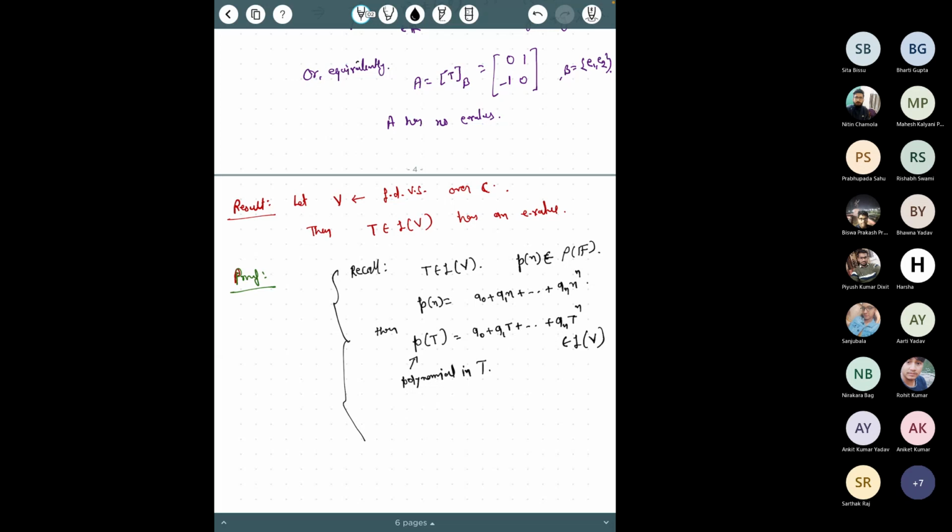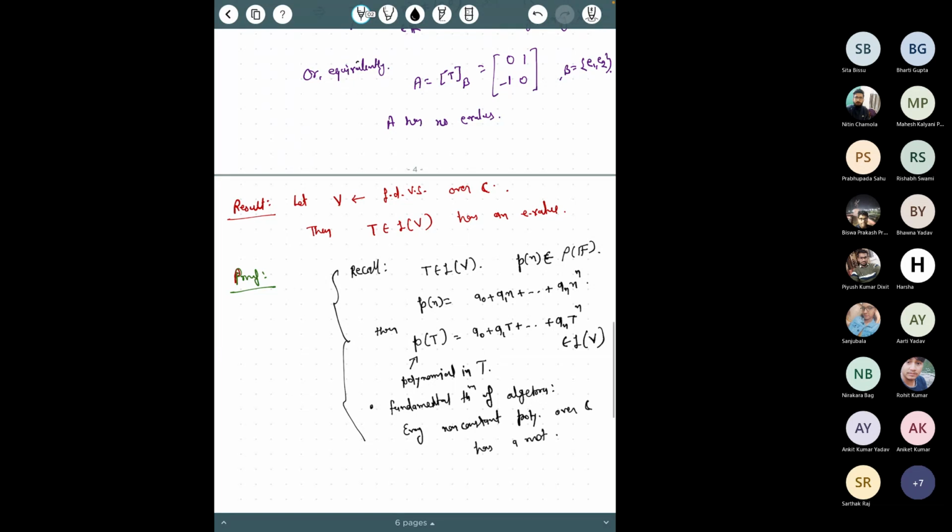This is the fundamental theorem of algebra, and I'll use both these facts in the proof. It says that every non-constant polynomial over C has a root. This is one statement; equivalently, you can write different statements also.